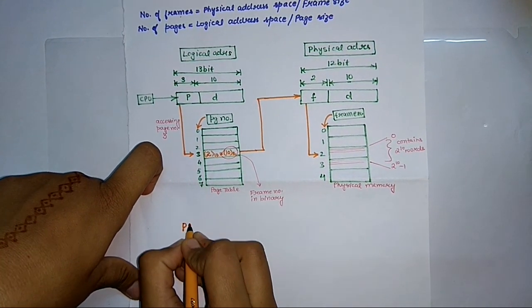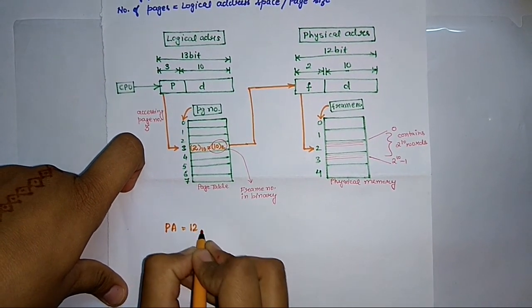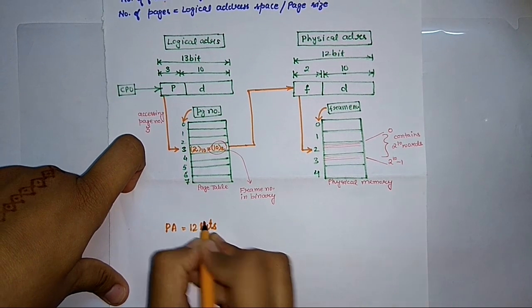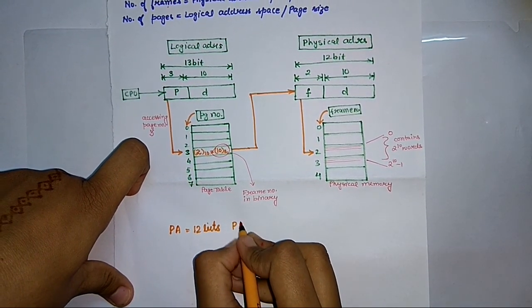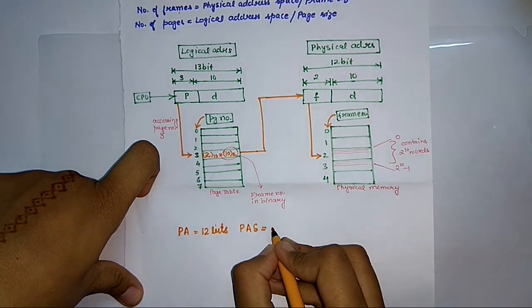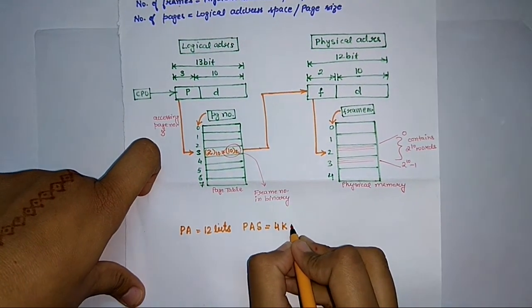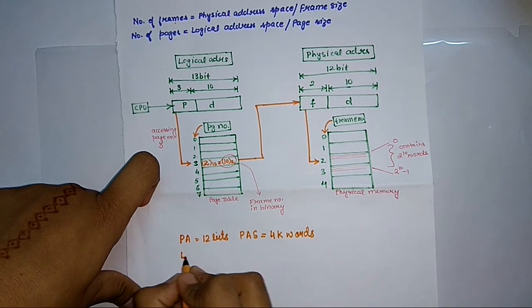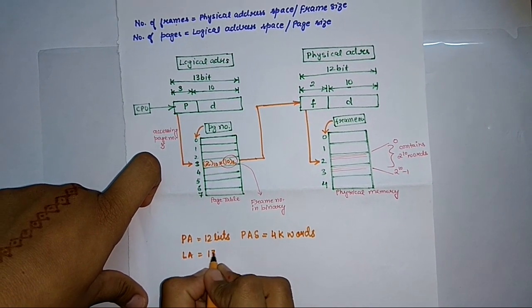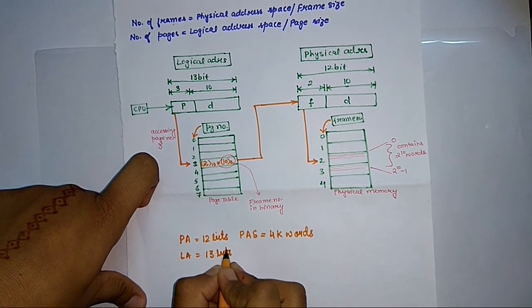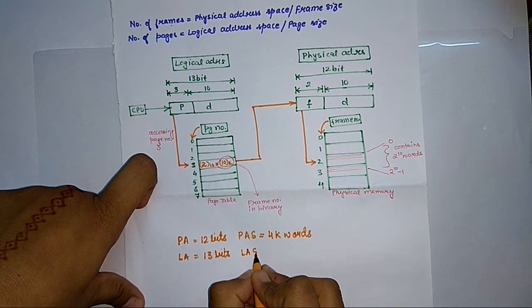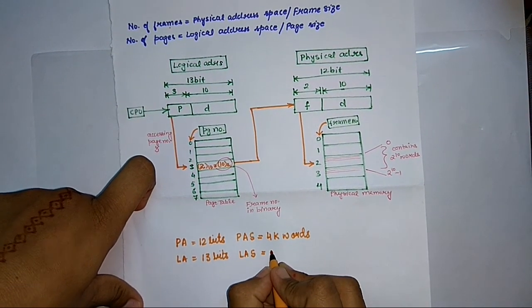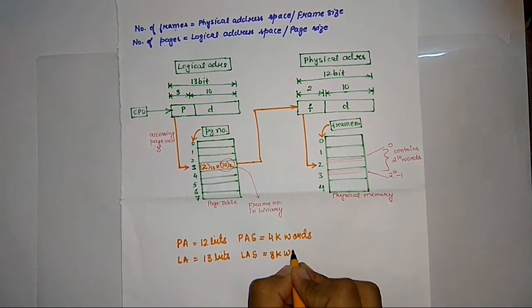Suppose the physical address is 12 bits. So what will be the physical address space? The physical address space will be 4K words. Similarly, the logical address is 13 bits, so the logical address space will be 8K words.